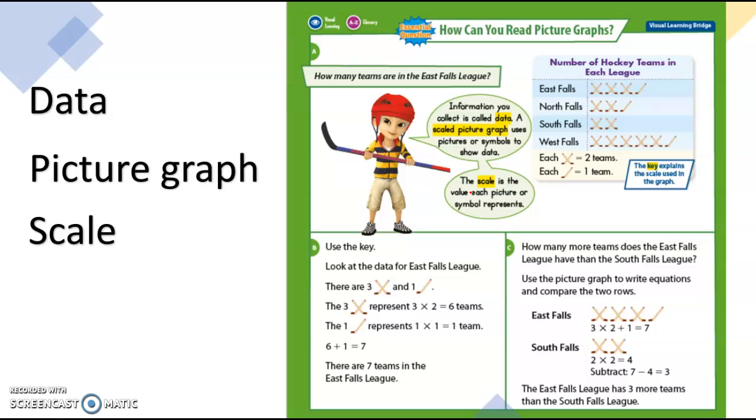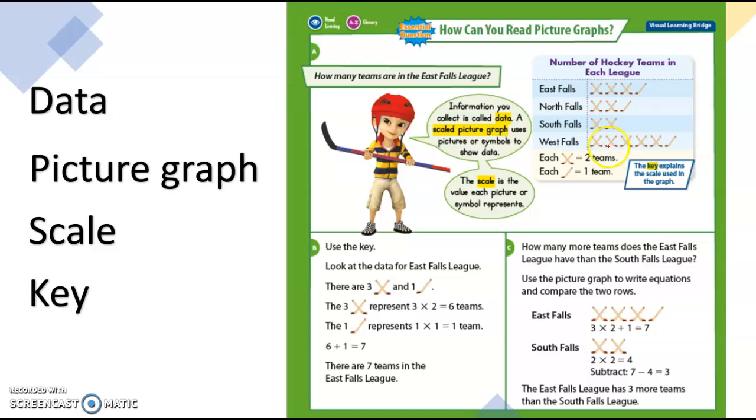The scale is the value each picture or symbol represents. And then the key explains the scale used in the graph. So if you take a look at the bottom of this picture graph, we have a key, and the key kind of gives us answers about the graph.